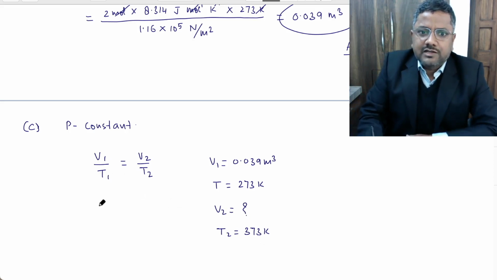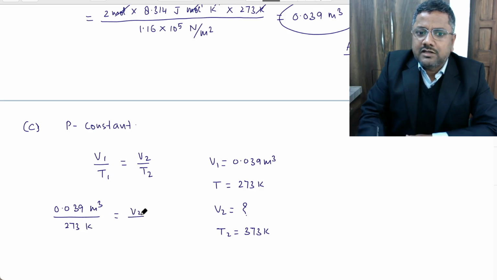So put all these values here. 0.039 meter cube divided by 273 Kelvin is equal to V2 by 373 Kelvin. So Kelvin to Kelvin cancel. So V2 is equal to 373 by 273 into 0.039 meter cube.